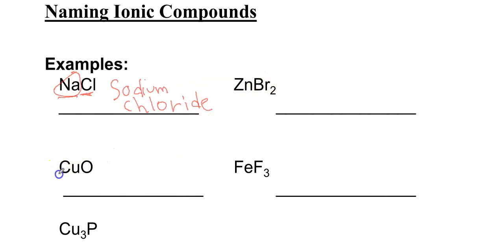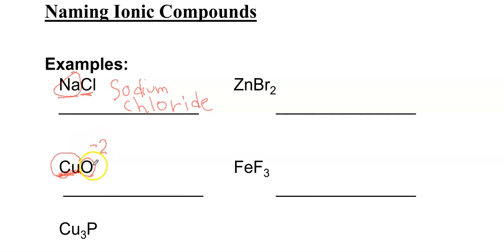Okay, next one, step 0, always check and see if this is a transition metal. Copper is a transition metal, so that means we are going to need a Roman numeral. So if there's no subscript, then we have to just think backwards. So I'm going to look and think about the oxidation number of oxygen. That is -2.